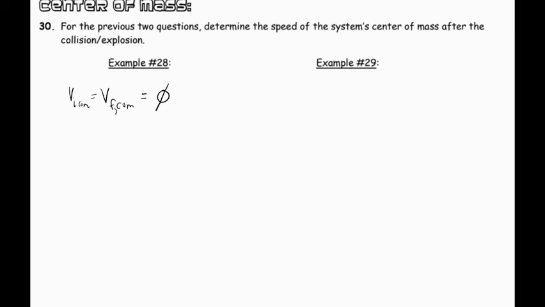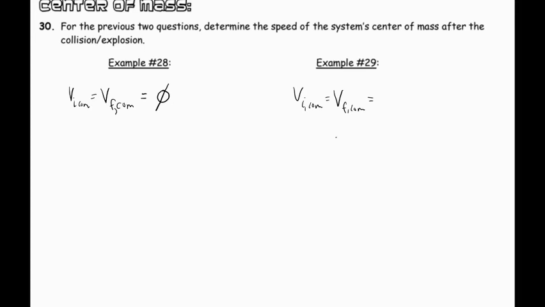Now in the second one, we're looking at the velocity of the center of mass. We know the velocity initial of the center of mass is equal to the velocity of the final center of mass. And remember, you had two different objects that had the same exact mass. One is moving at 4 meters per second, and one is not moving at all.